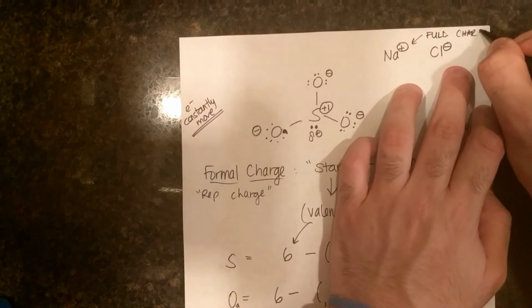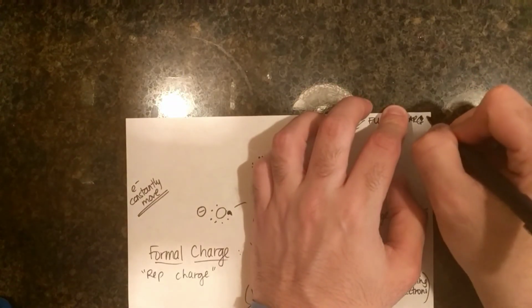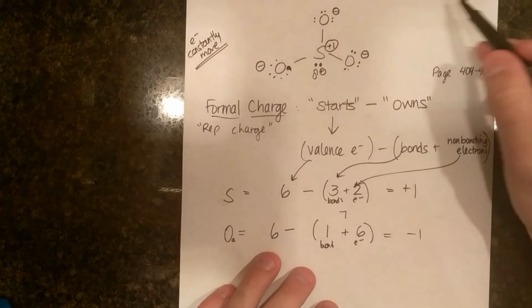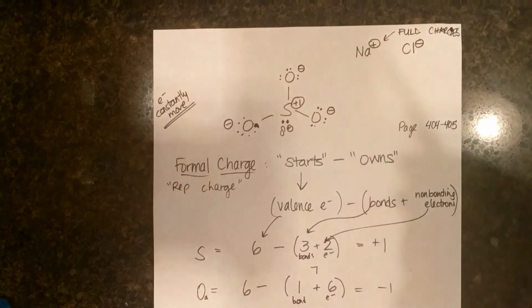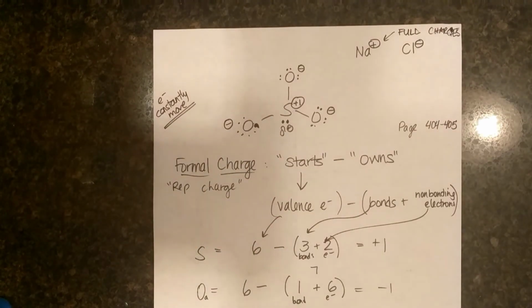All right, this is a full-on positive or negative charge, whereas these are not full-on -1 and +1 charges. They're formal charges, right? And you could read more on the definition of what a formal charge is, but it's the charge that that atom would have if all of the bonding electrons were on that atom.